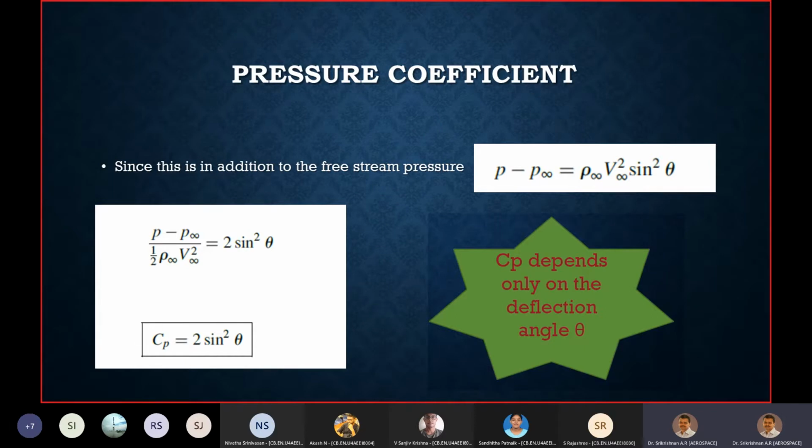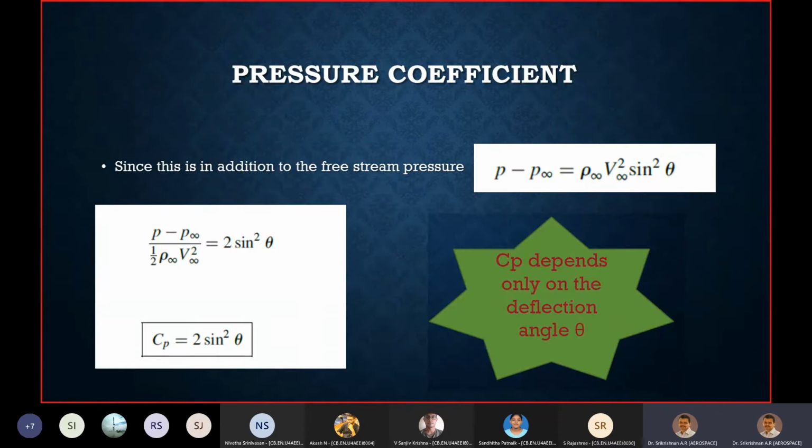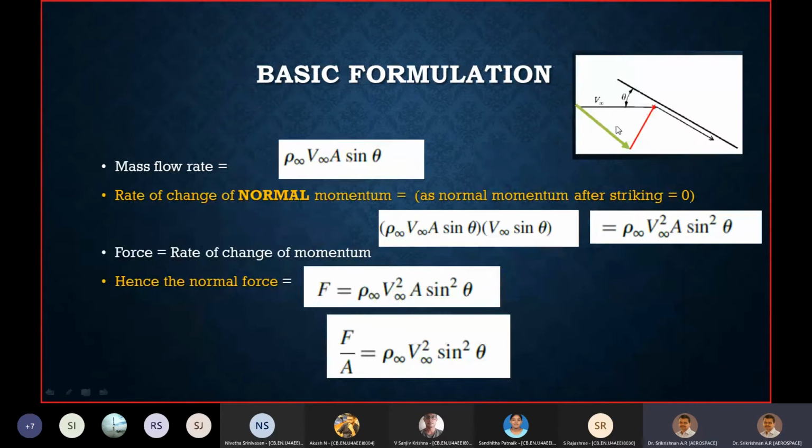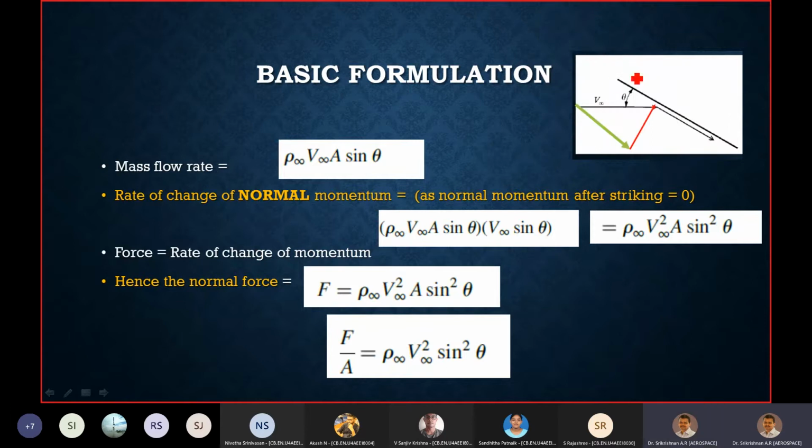By considering the tangential and normal components of momentum, the Cp can be equated as 2 sine squared theta, where theta is the angle of attack, that is, the inclination of the surface with the mainstream.